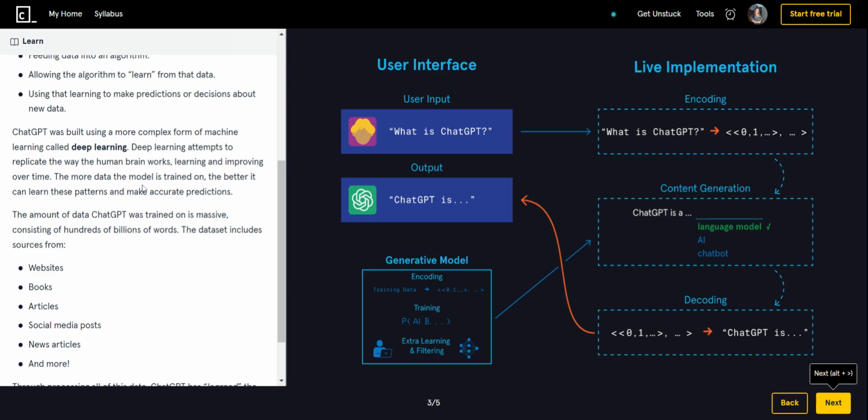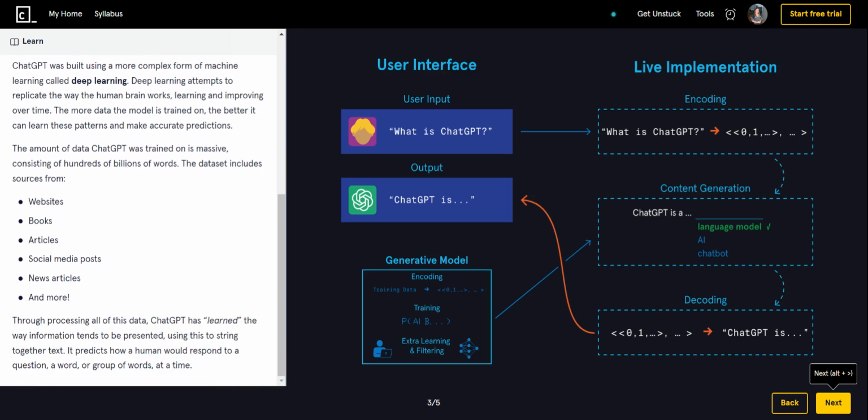The more data the model is trained on, the better it can learn these patterns and make accurate predictions. The amount of data ChatGPT was trained on is massive, consisting of hundreds of billions of words. The dataset includes sources from websites, books, articles, social media posts, news articles, and more.